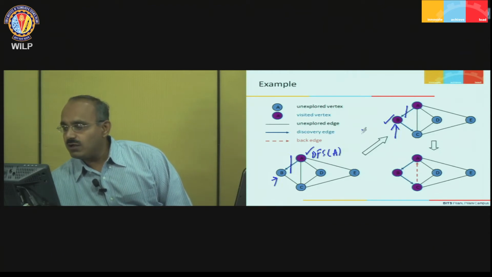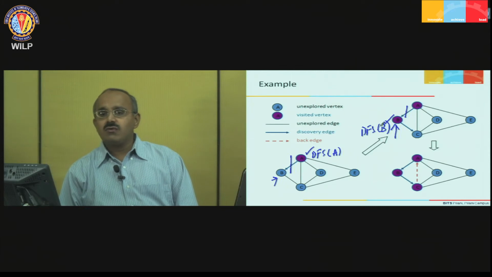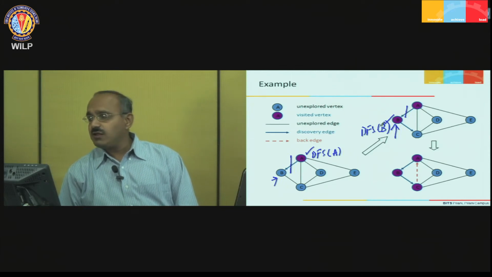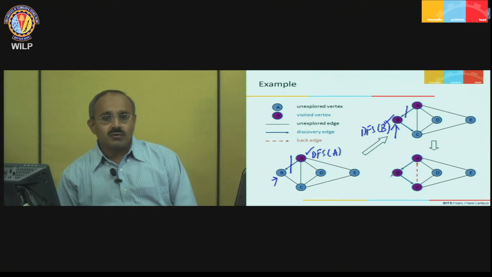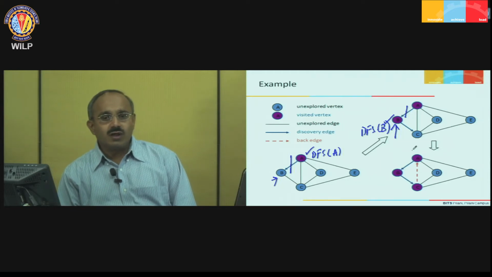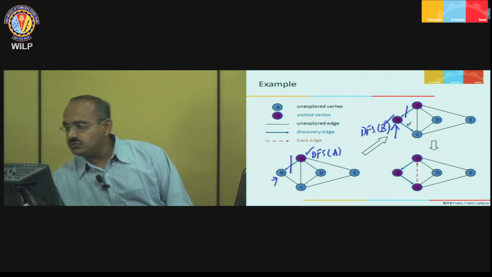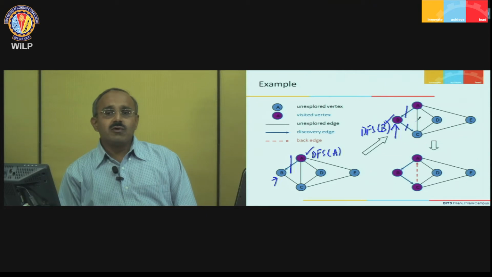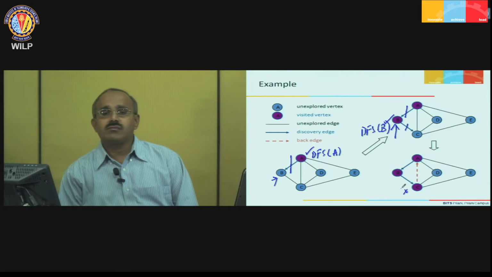Now, we will call DFS at B and continue. As we do, we see that we will only travel an edge which is unexplored. If we go back by this, this is already an explored edge, so we are not going to traverse back to A. There is only one edge which is unexplored, so we take that and go to C and mark C as explored or visited.